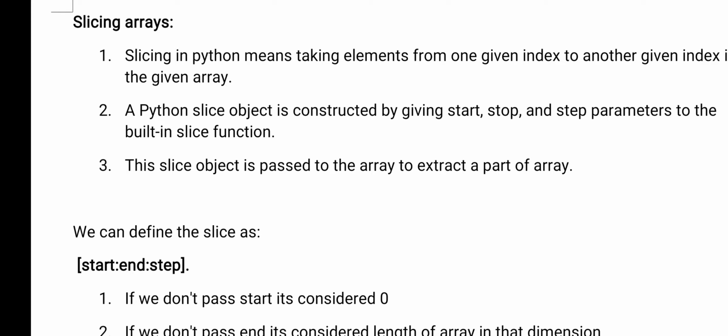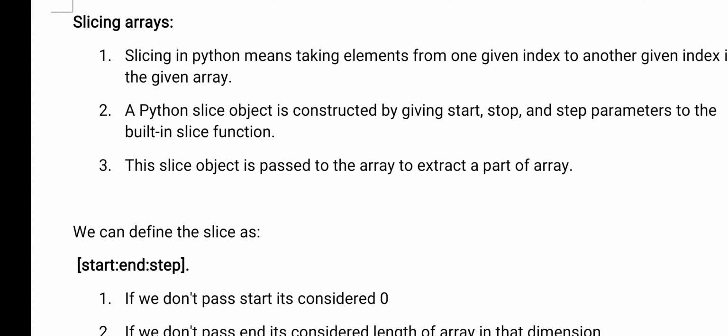So slicing here means extracting a few elements from an existing array. Let us go through the definition. Slicing in Python means taking elements from one given index to another given index in the array. For example, in an array we have 6 elements, and the index starts from 0. I want 0, 1, 2.